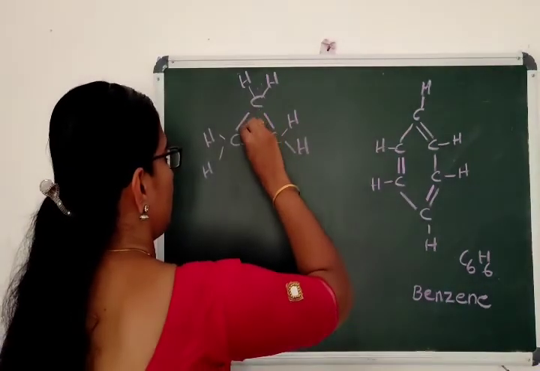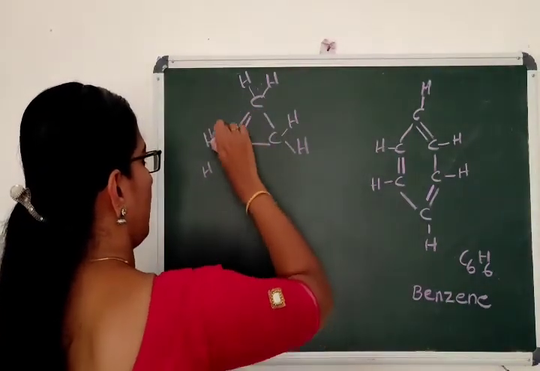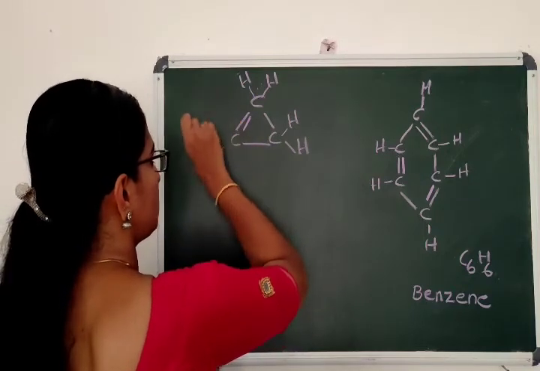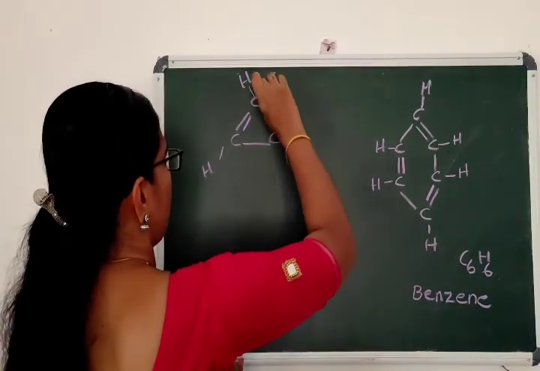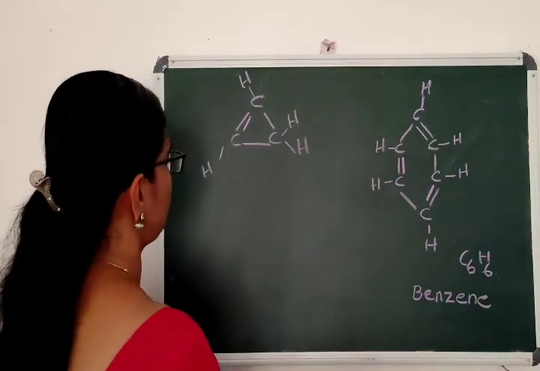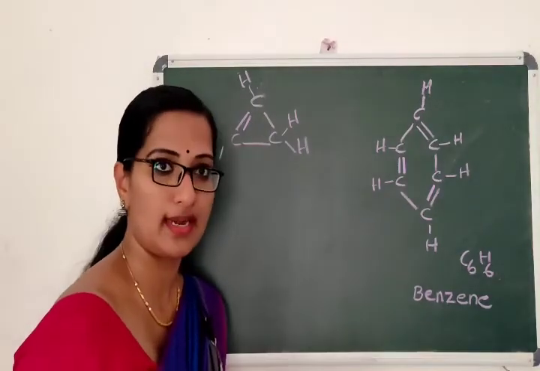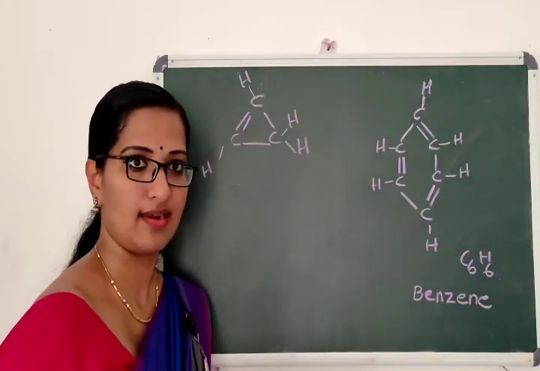Just put a double bond and reduce the number of hydrogen atoms. Then you will get cyclopropene. Yes, you can draw cyclopentene, cyclobutene, cyclohexene.